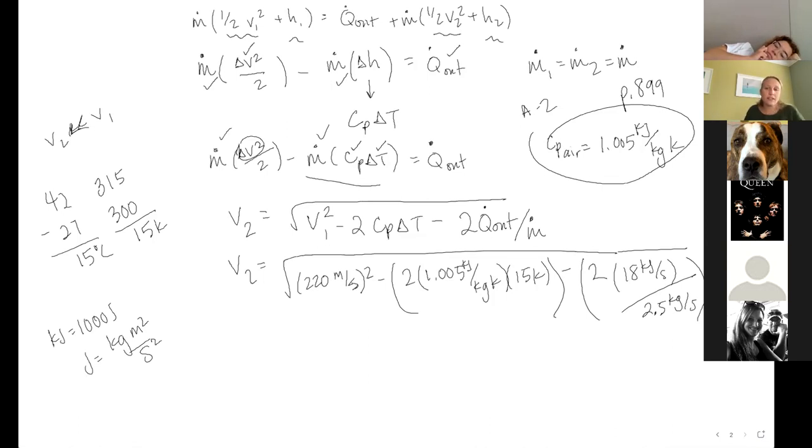So in order for us to convert between joule per kilogram and meter squared per second squared, especially if this is kilojoules, it would be a 1 to 1,000 conversion.